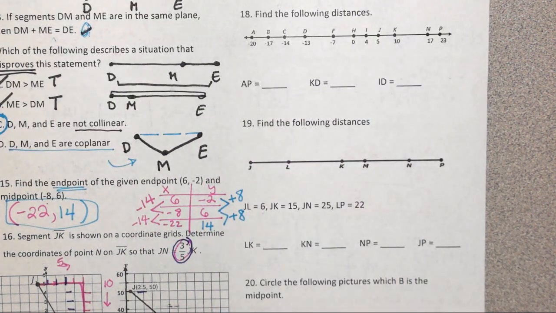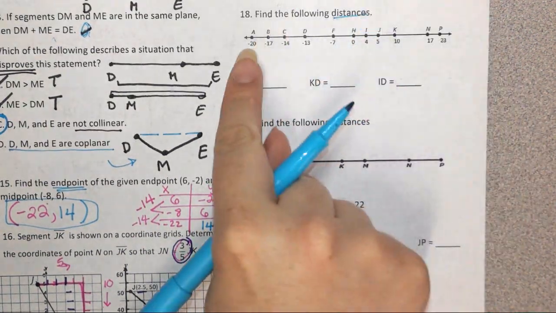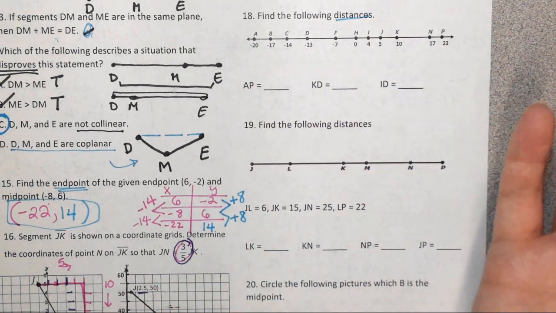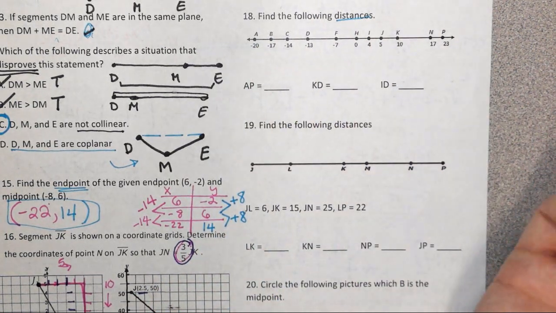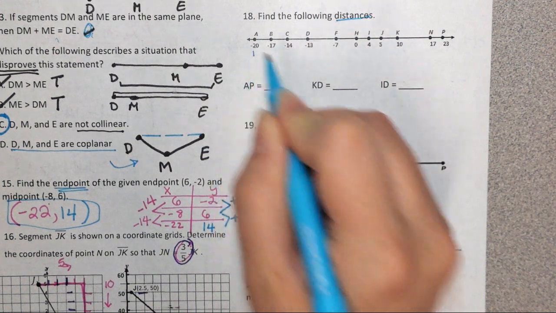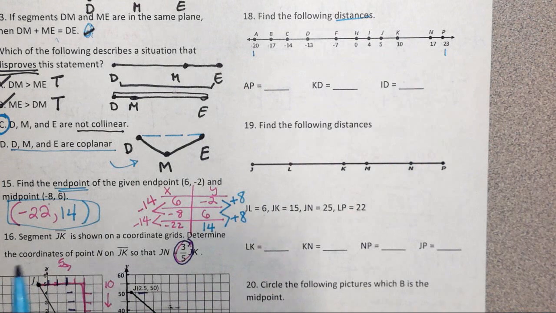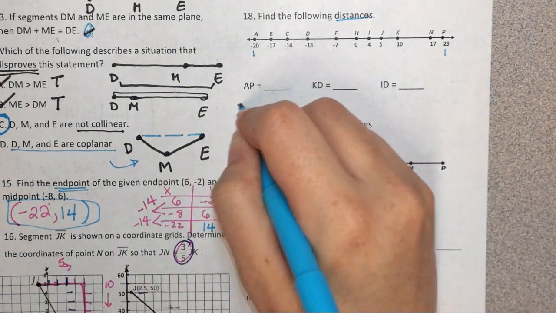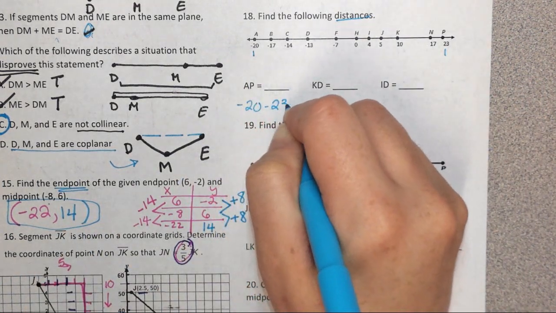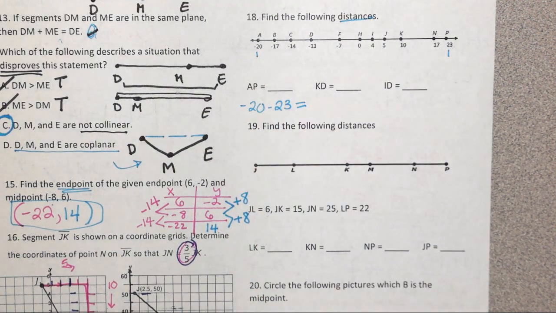All right, so when you're finding a distance on a straight number line, it really just comes down to subtraction. So for AP, A is at negative 20, and P is at 23. Okay? I'm going to subtract those two values, negative 20 minus 23.